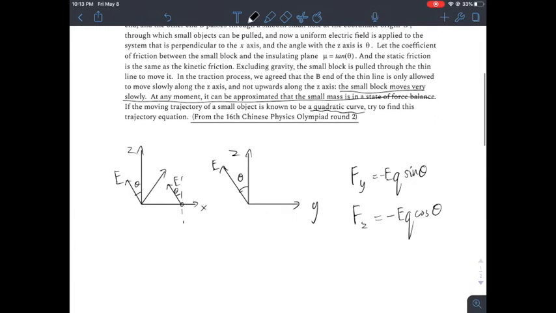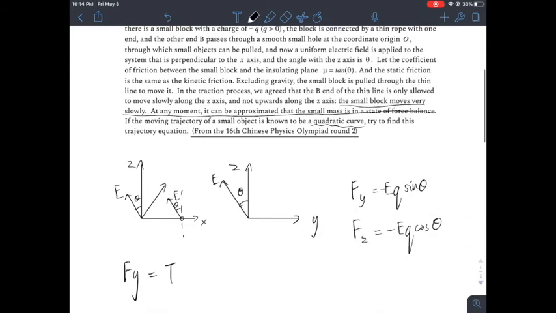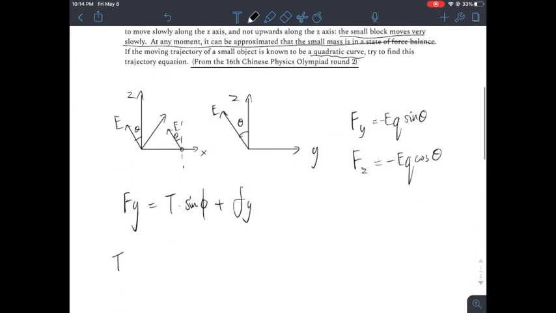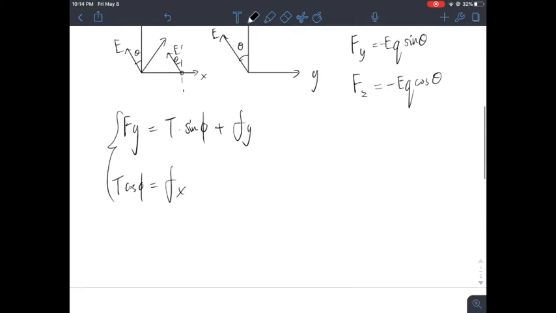Then we try to balance the force because we know the block is moving very slowly. So at any moment, the small mass can be approximated as in a state of force balance. So we balance the force, and we get Fy equals T times sine phi plus fy, and T times cosine phi equals fx, where fx and fy are the x direction and y direction components of f.